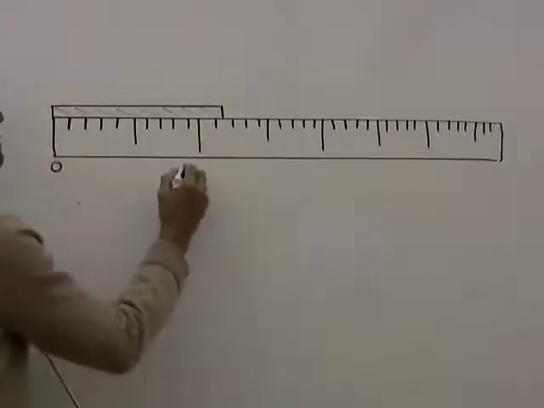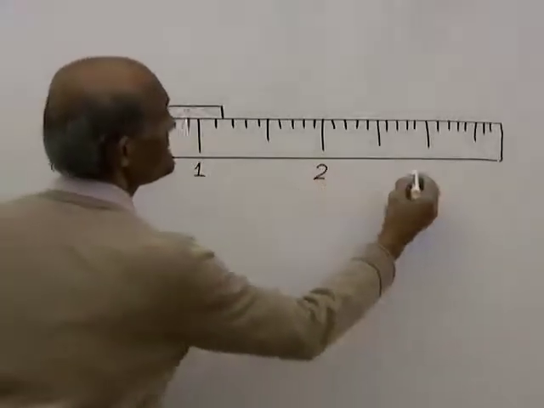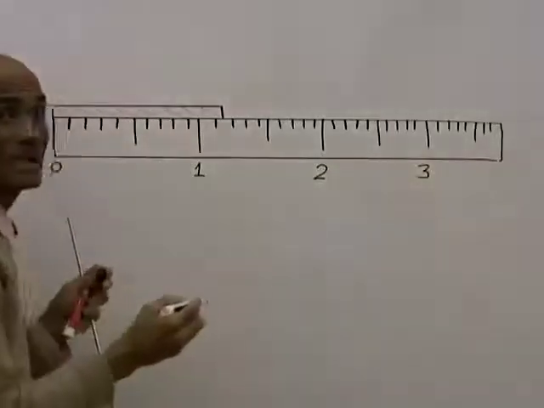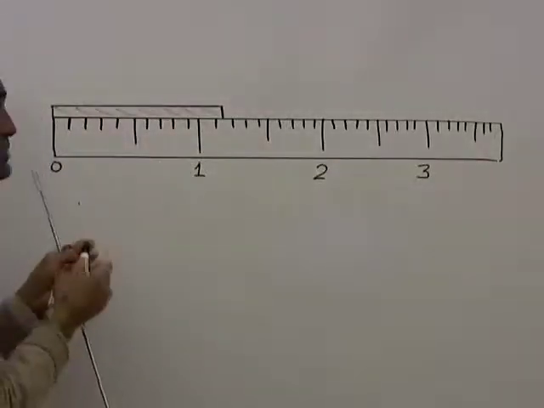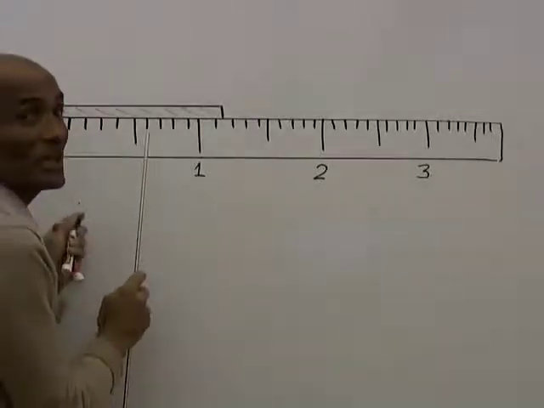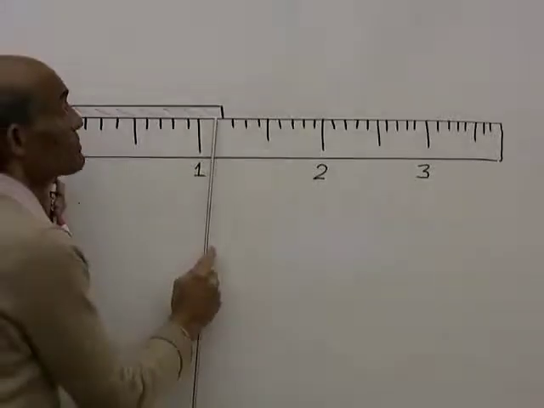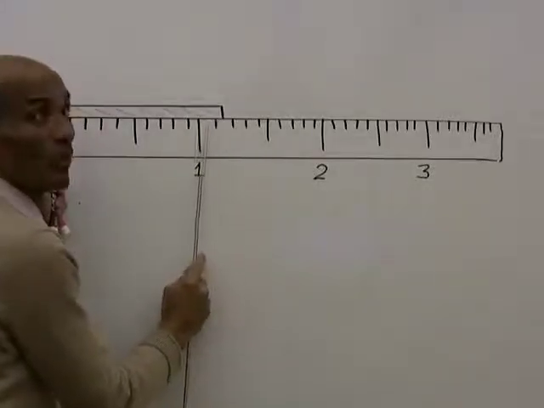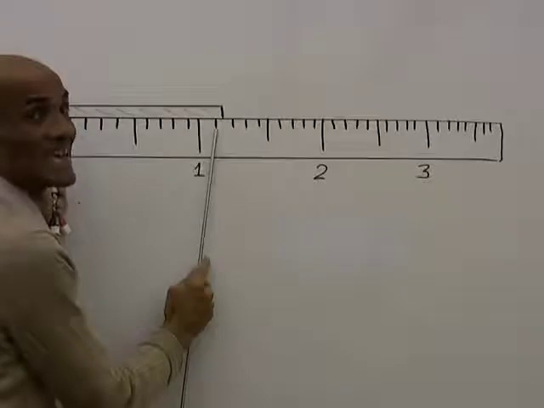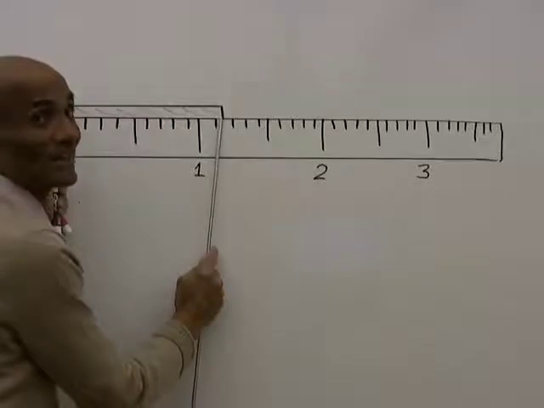This is 0, this is 1 centimeter, 2 centimeter, 3 centimeter, and so on. I want to measure the length of this rod. You can see this ruler will allow me to read only up to here, and that is 1.1 centimeter. It will not allow me to read this remaining small length.